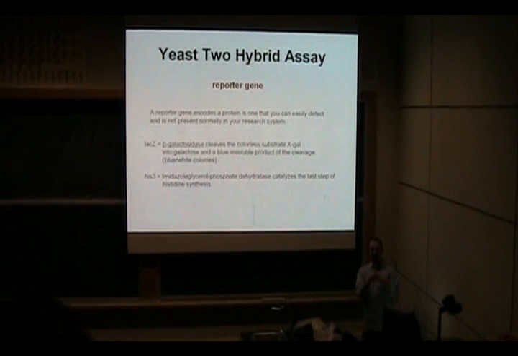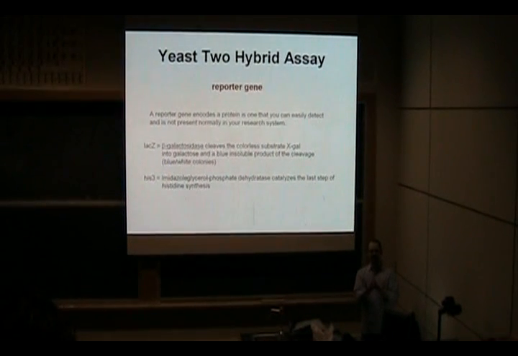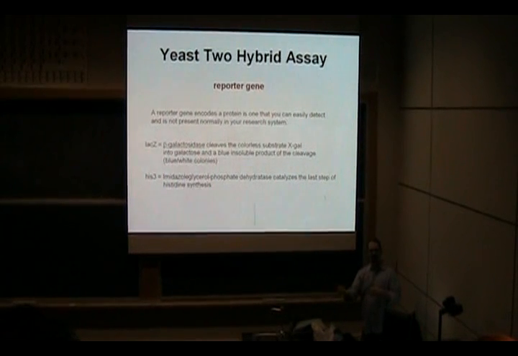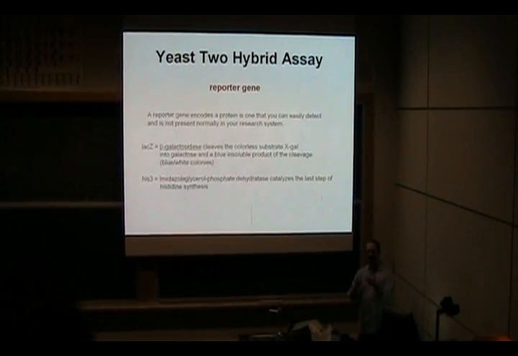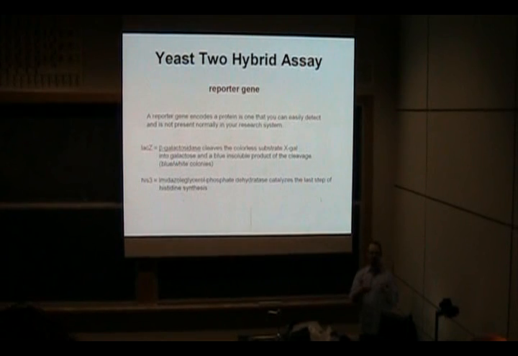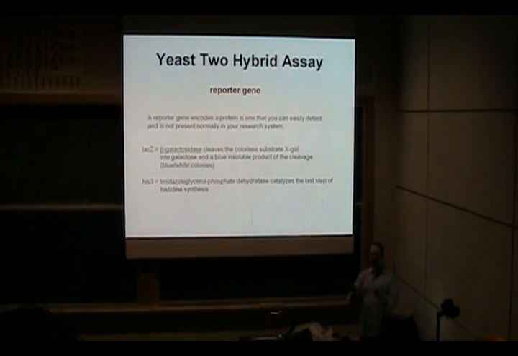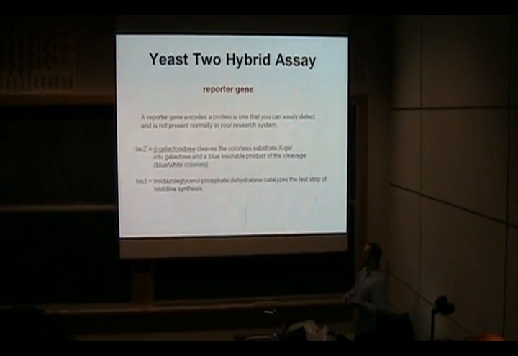Anytime you have the presence of beta-galactosidase and this compound that produces blue color, you know that if the colonies or cells you're looking at are blue, that gene must have been turned on.